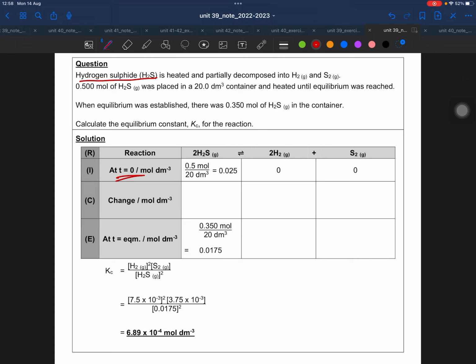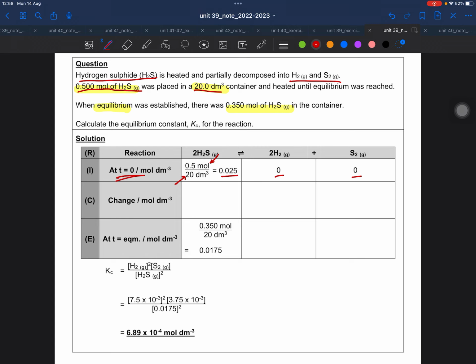Now, I have a reaction where hydrogen sulfide decomposes to H2 and S2. Here it shows the number of moles, volume, and number of moles in the equilibrium state, right? Alright, so let's start. This one is the starting concentration, 0.5 mole over 20 dm cube. Yes, concentration, right? So the initial concentration for H2S is 0.025.